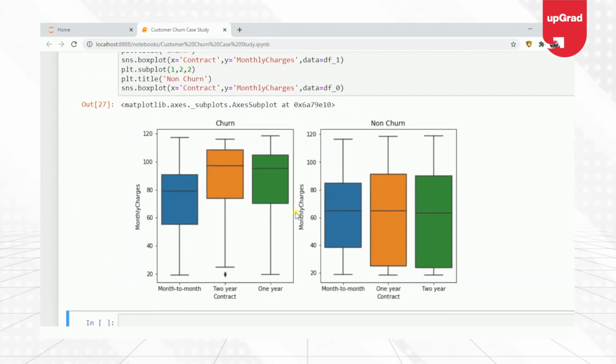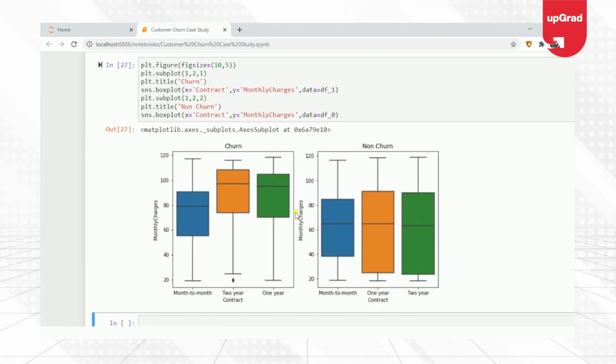Okay, so if we look at this box plot here, what can we interpret from this plot? One thing that we can clearly observe is that the people who are churning from the company are always at the higher side of spending money on their network charges.